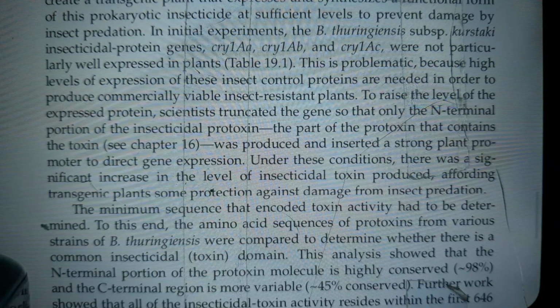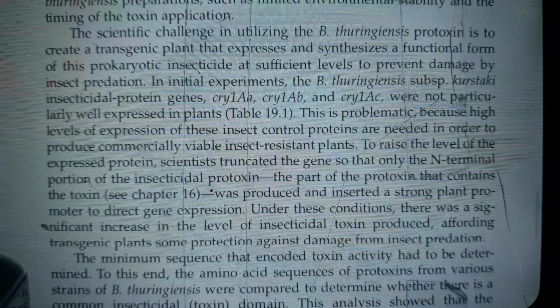The scientific challenge in utilizing the Bacillus thuringiensis toxin is to create a transgenic plant that synthesizes a functional form of this prokaryote insecticide at sufficient levels to prevent damage by insect predation.